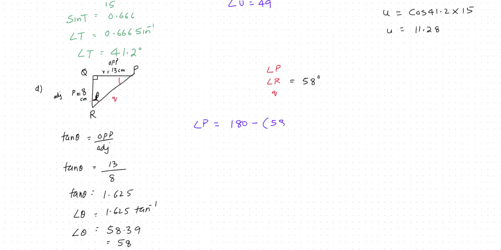So equals 180 minus 148. So equals 32 degrees. So angle P equals 32 degrees.